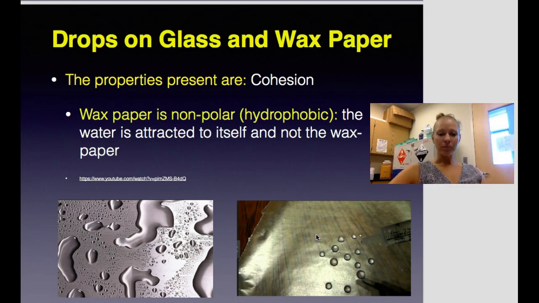Remember, nonpolar is formed by two atoms that are equally charged, so they share those electrons equally. There's no side that's getting the electrons more, so there's no negative side and no positive side, and so there's really no pull of anything. Here the water is attracted to itself, but not the wax paper, because the wax paper has no pull, but the water does.